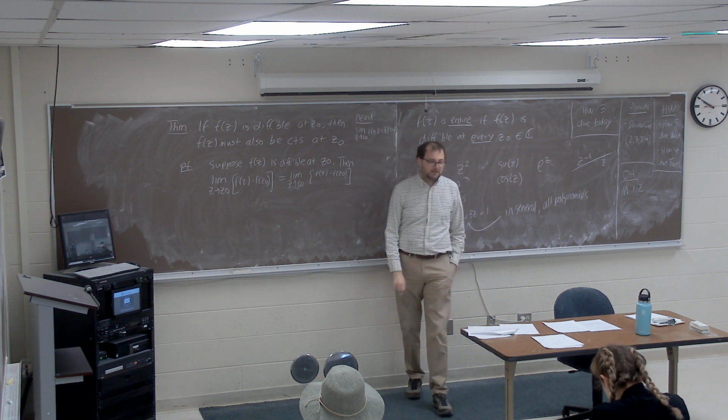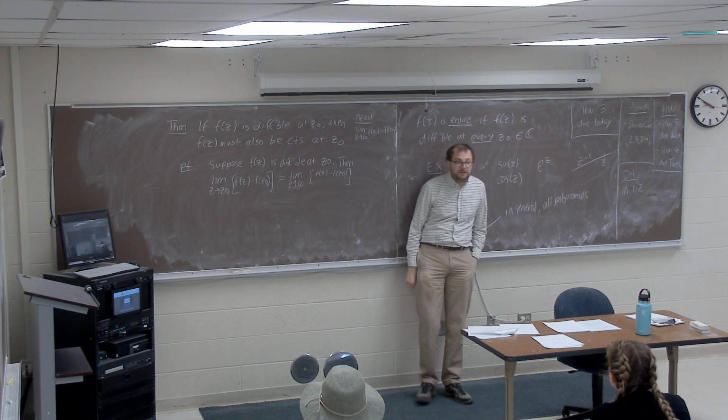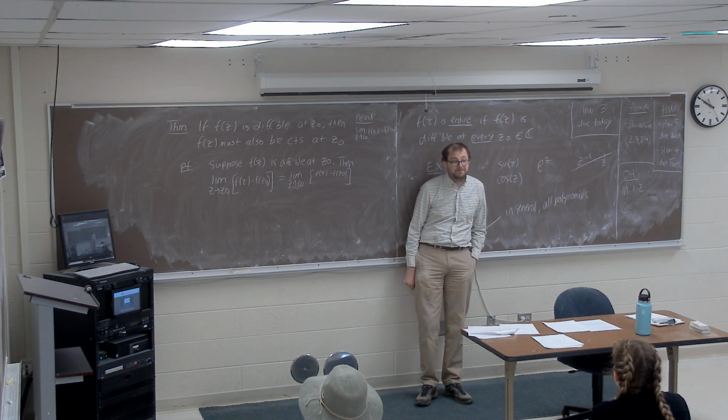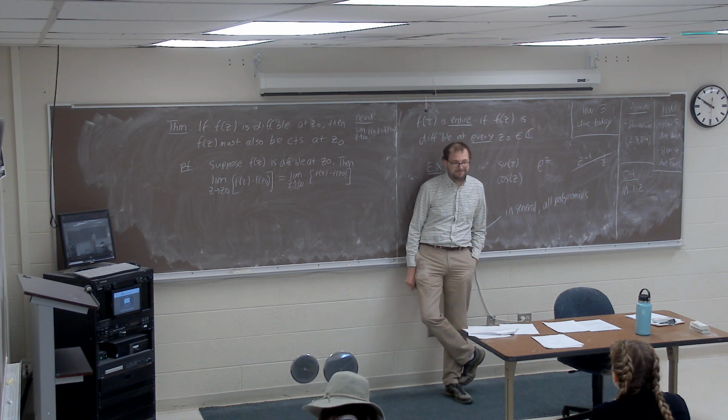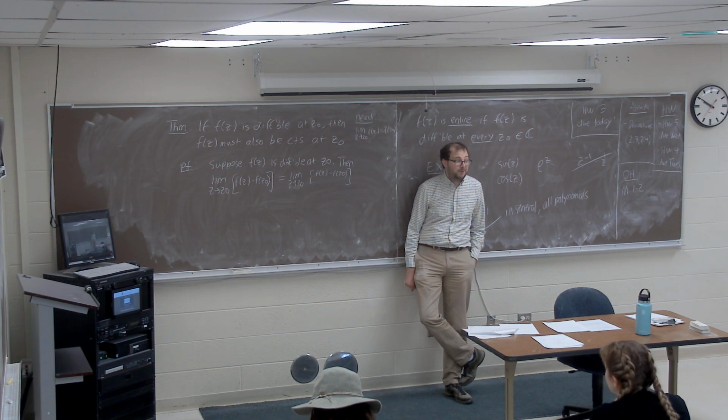Katrina, what real analysis tricks did we have for rewriting something in a way that makes it easier to work with? Other than triangle inequality, we had two other sort of tricks up our sleeves. Yeah, we can either multiply by 1 or add 0.